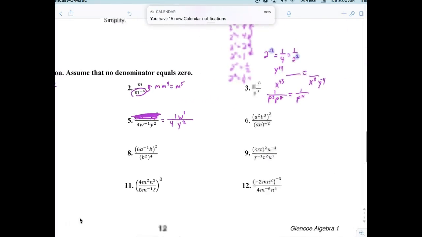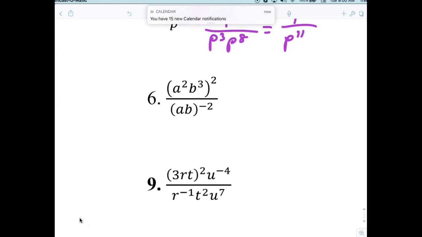Let's take a look at number 6 now. All right. Got all kinds of problems here. First and foremost, a to the 4th, b to the 6th. Everybody okay with that? Because I just took care of the numerator. Now, why is the denominator a problem? So I have to move that whole thing up here. So it'd be AB what?